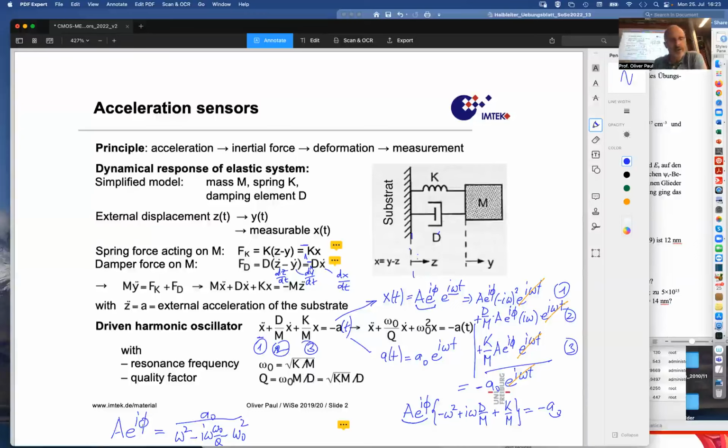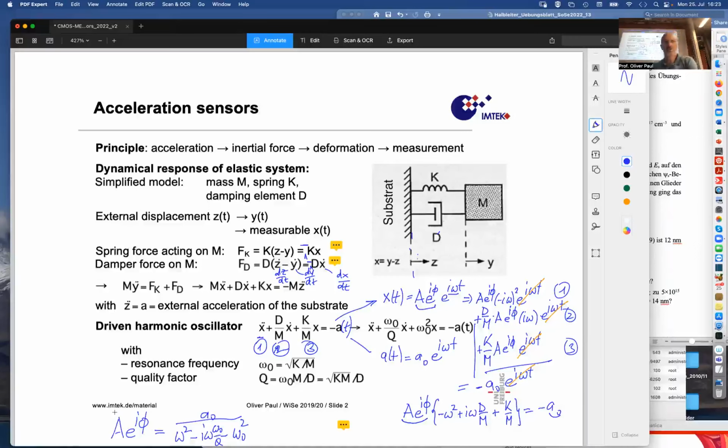So what we see is that the amplitude and this phase, this prefactor of the responding motion, depends on the frequency. And this denominator becomes, of course, very small when omega is close to omega 0. Then those two cancel, and the only thing that remains is this maybe small number.